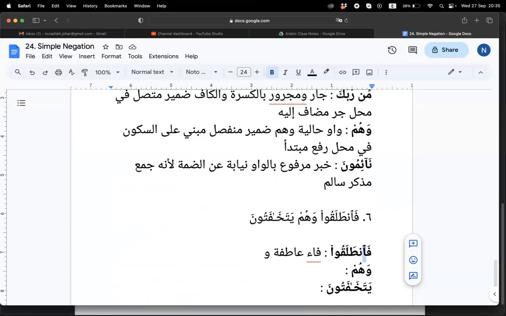Definitely not fi'il mudhari', which needs hamzah, nun, ya, ta. When you have hamzatul wasl and it ends with waw, it can look like fi'il amr antum or fi'il madi hum. How to know the difference we will understand later when we do sarf: the haraka in the middle will confirm whether it is madi hum or amr antum.